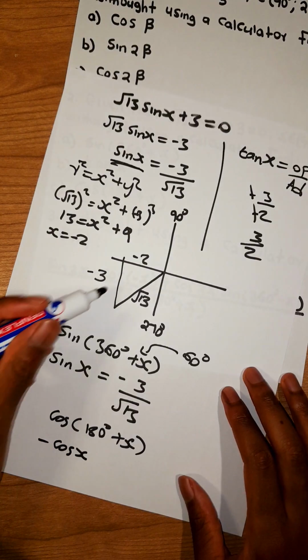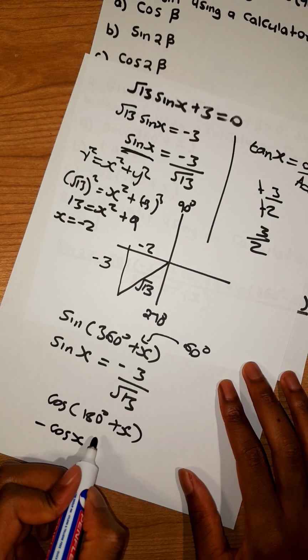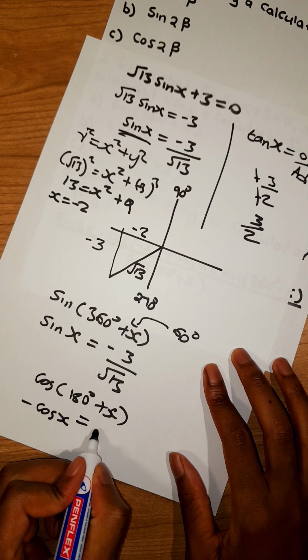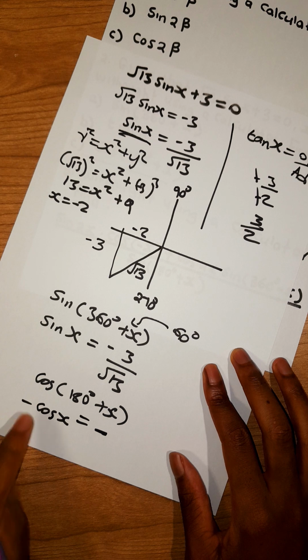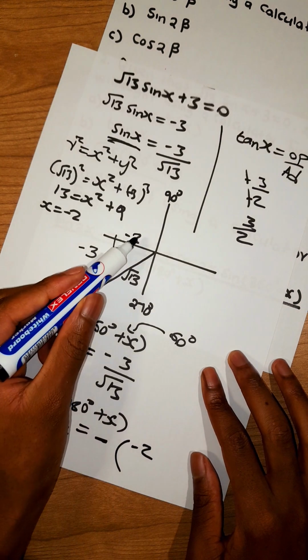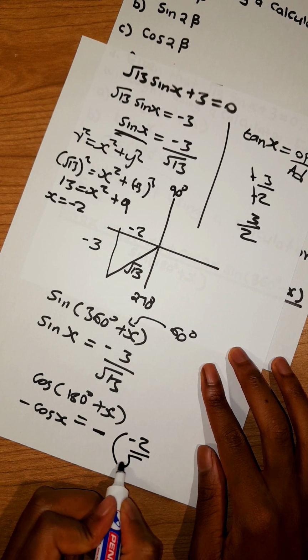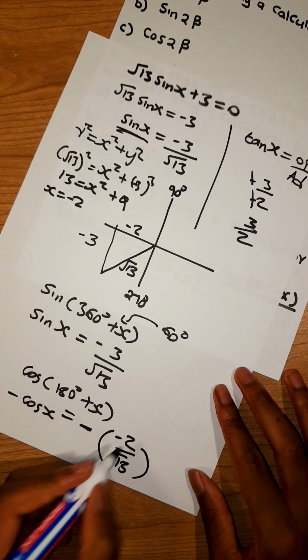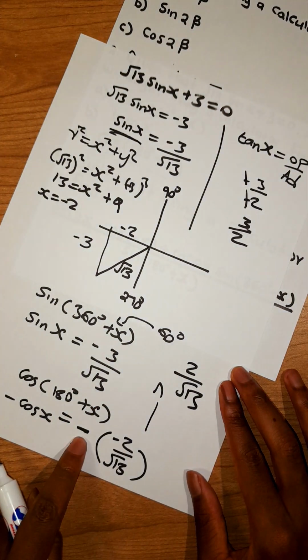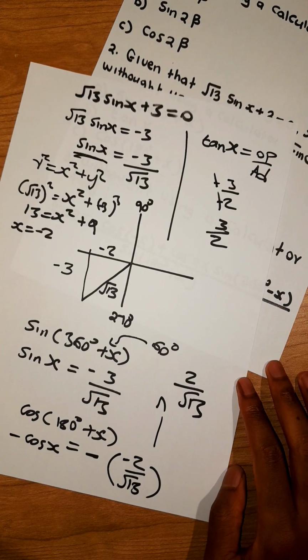And then you go to your diagram. How do you find the cos of x? The cos of x is going to be adjacent over the hypotenuse. So you already have a minus, this minus divided by minus 2, yes, the minus 2 divided by the square root of 13. So your answer becomes 2 over root 13 because this negative and this negative are actually going to cancel out.